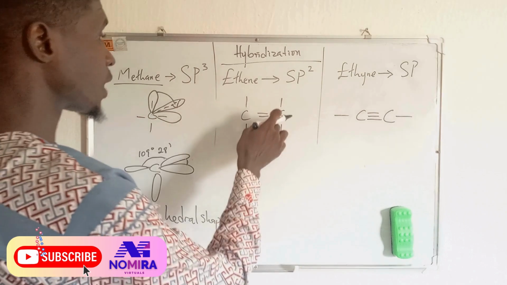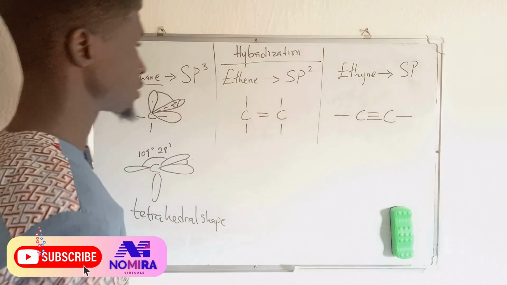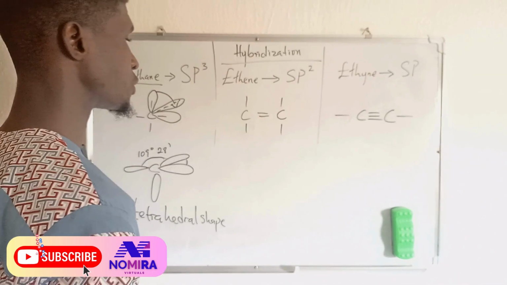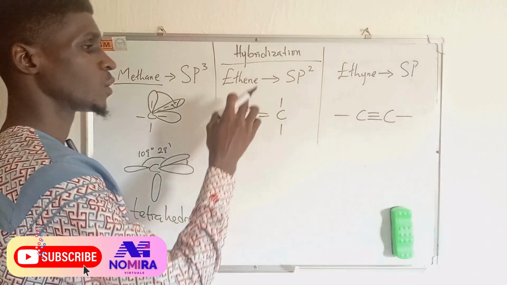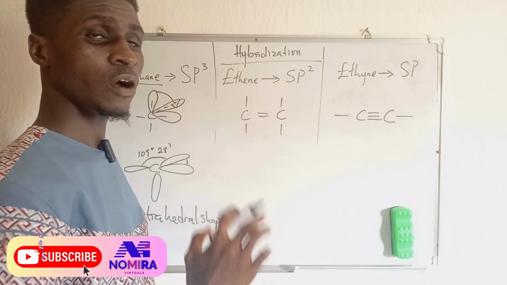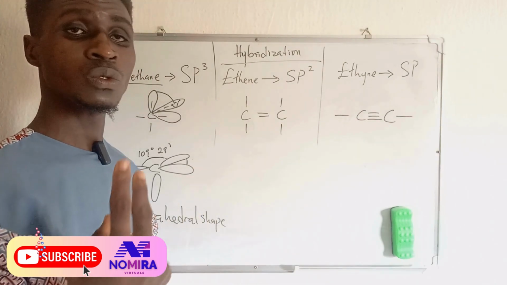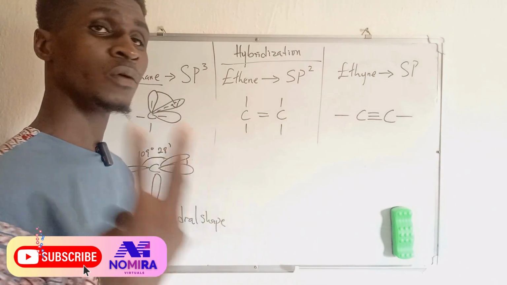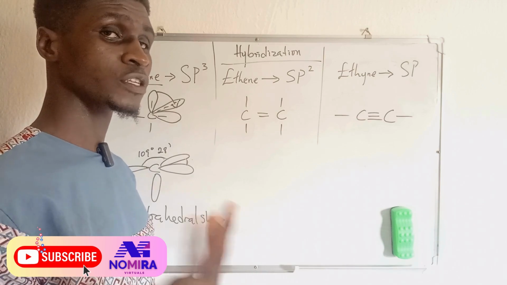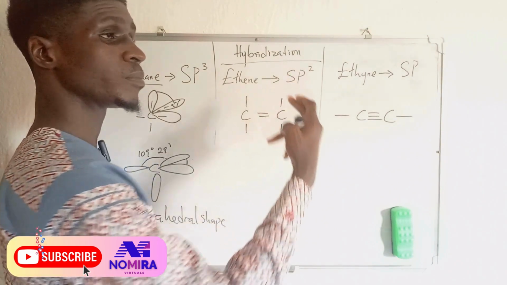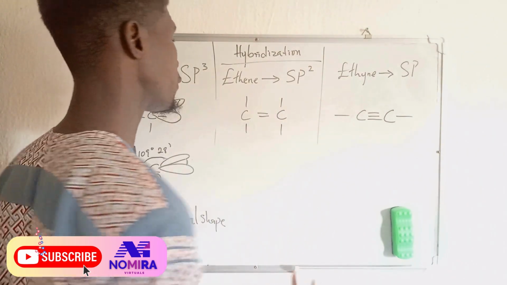Let us look at what happens in the case of ethene, which has the SP2 hybridization. At this point, 1 s orbital is hybridizing with only 2 of the p orbitals. You know, there were 3 orbitals for the p. Then in this case, s is mixing with only 2 of them.